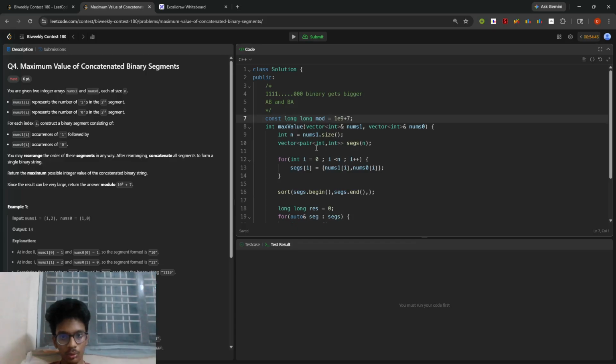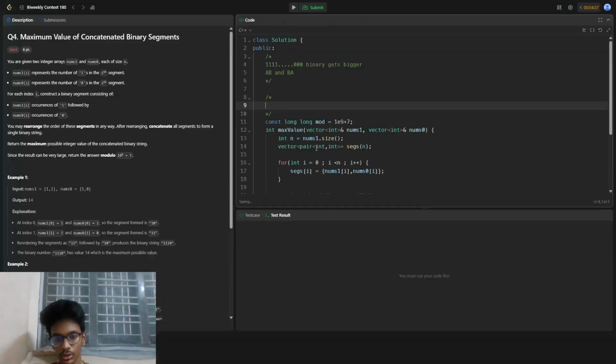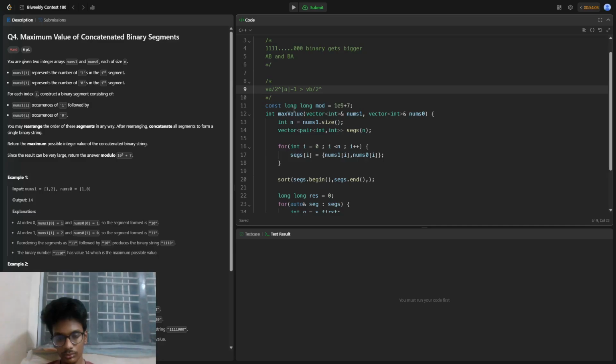The formula which I got was, let me full screen this here, VA divided by 2 power length of A minus 1 greater than VB divided by 2 power length of B minus 1, isn't it?